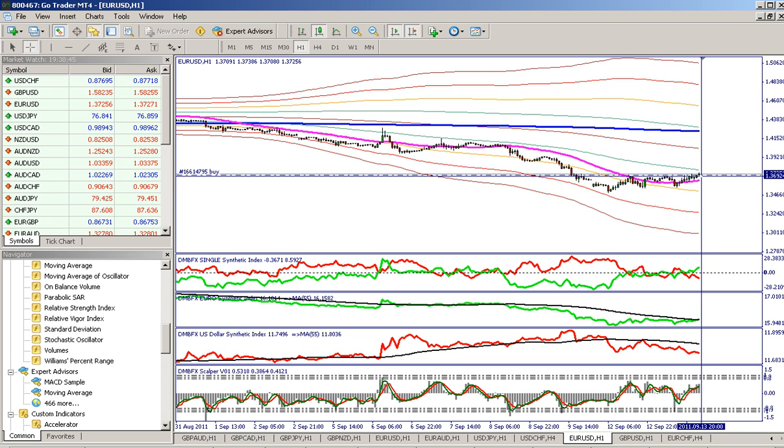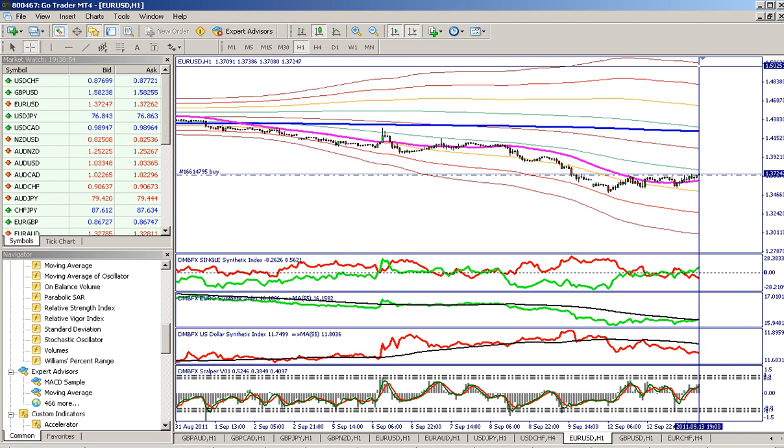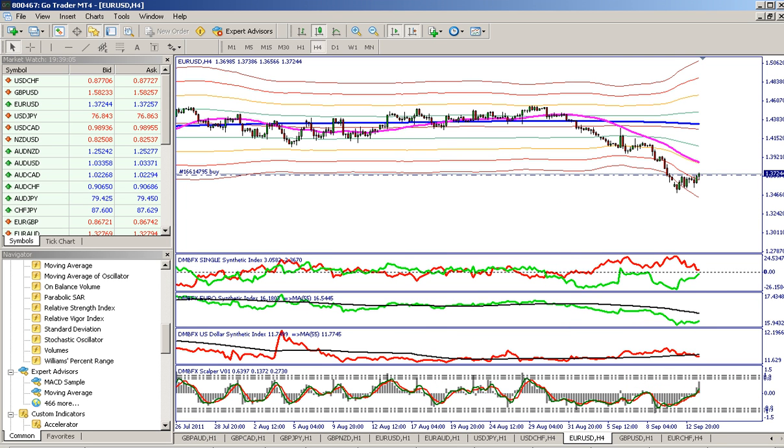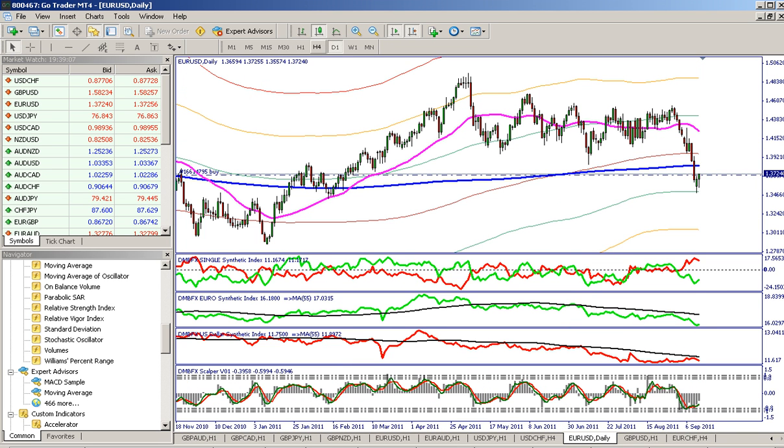Now typically what happens is that if the price action is far below or above the long-term moving average, it normally gravitates back to it. So if we, for an example, look at the 4-hour chart or the daily chart, you'll see that normally when it's gone down, it's usually gone up again.